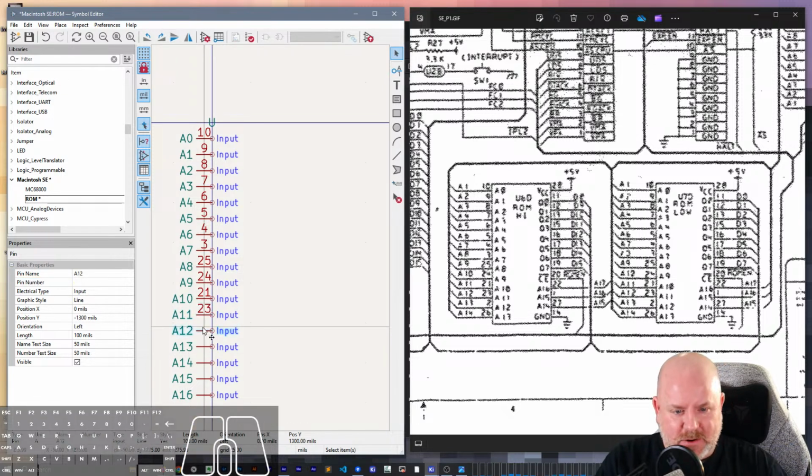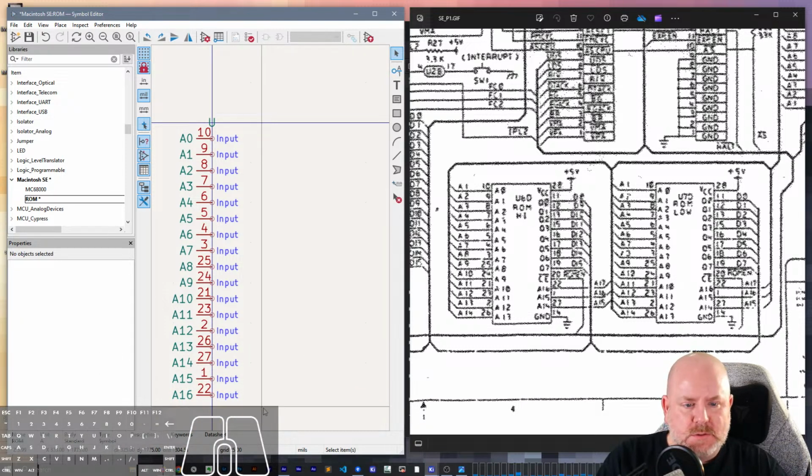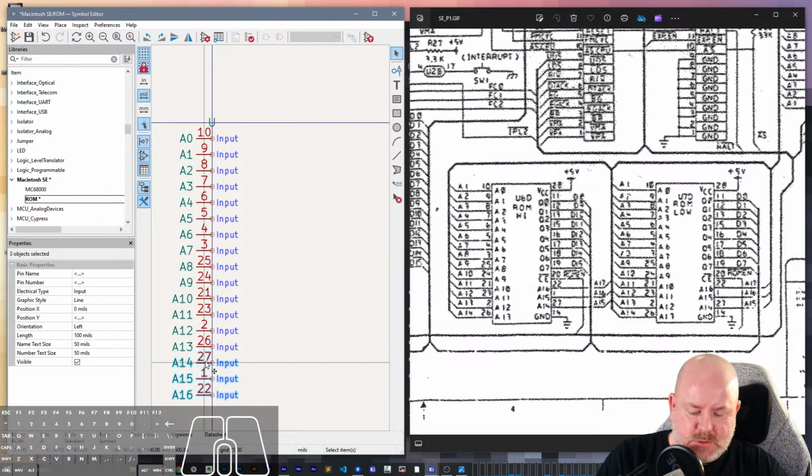That seems like a way that a ROM would get wired, completely illogically, because A12 is pin 2. A13 is 26. A14, oh, we'll have to move these around in a minute, is 27. A15 is probably 1, right? Isn't that usually one of the high bits? And A16 is 22. All right. Cool. 1, 2, 3.